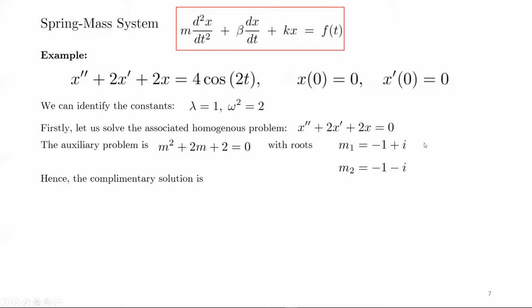And so the complementary solution we can write down straight away because we're really good at doing this now. xc, the complementary solution, is equal to the exponential of negative t, so t times the real part of this root, negative 1, times c1 cosine of t, since our imaginary part was just 1, plus c2 times the sine of t.